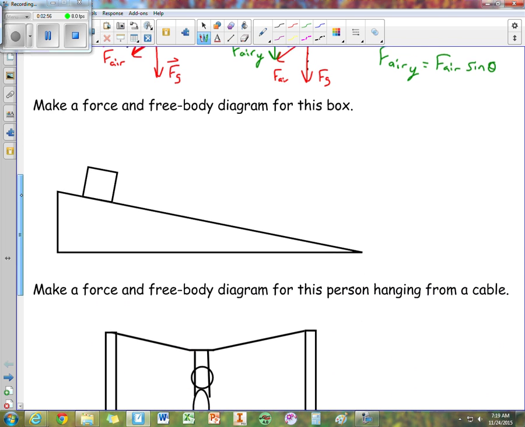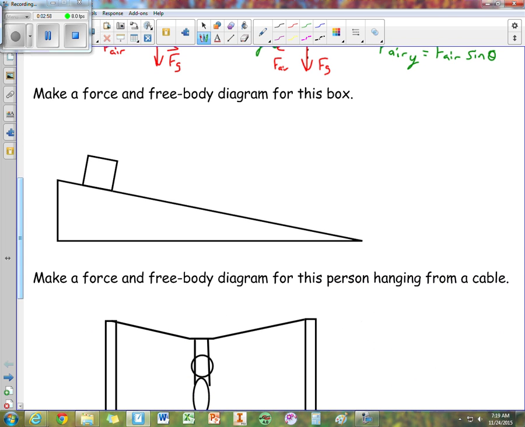All right, another classic example is an object sitting on a ramp. Once again, we would have gravity. It's always vertically down. We would have a normal force, and since this is on an incline, the normal force would be located a little closer to the front of the box, and it would be perpendicular to the ramp. And then we would have some friction.